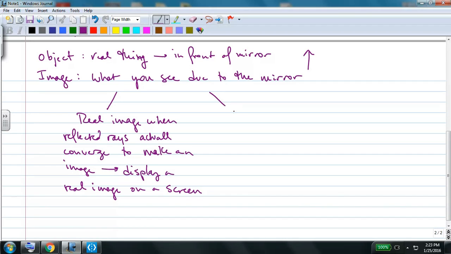The virtual image, this is what we see in our bathroom mirrors because it doesn't really exist. I can't use a flat mirror and actually make a picture of myself show up somewhere. Okay? I can do that with a certain type of mirror, but not a bathroom mirror, not a plain mirror. So the virtual image is basically what's created due to a trick of the mind.